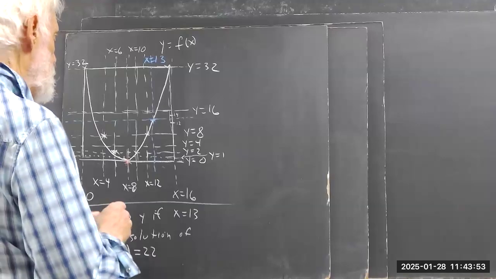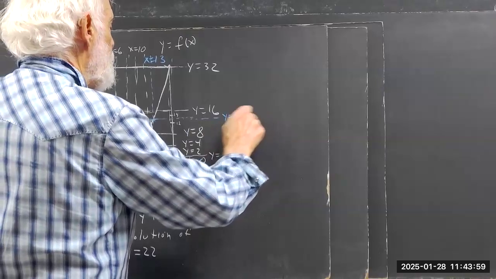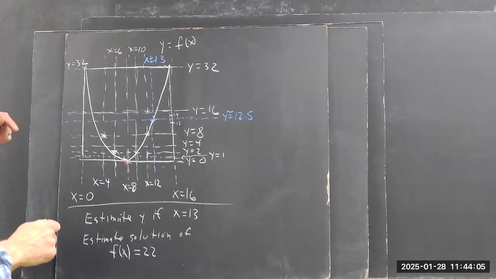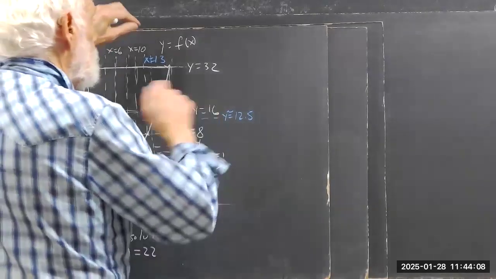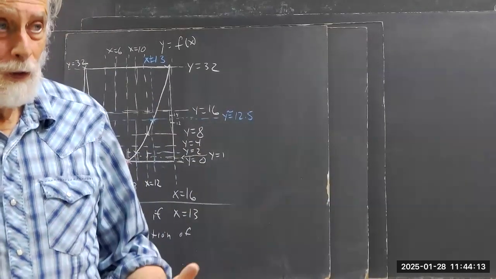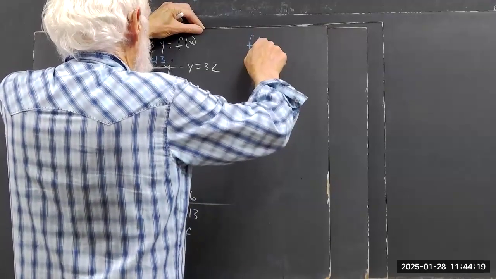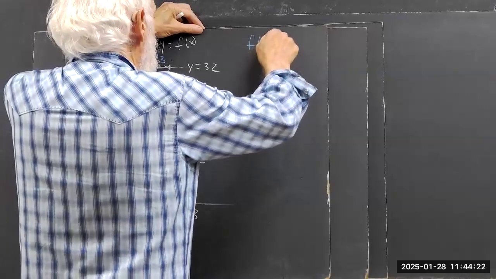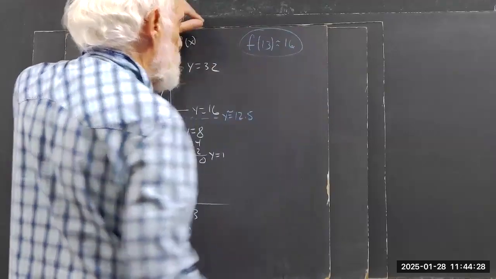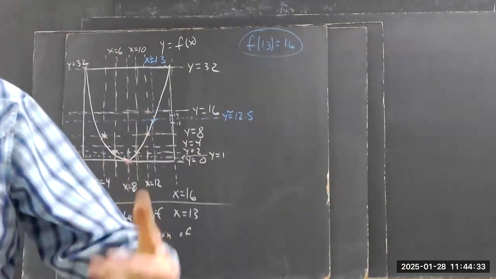I use a little approximate sign here. So I'm going to say by conclusion, and if I'm looking at a dozen papers and wanting to go through them fairly quickly, I want to see somewhere that says f of 13 is approximately 16, with a circle around it, and written kind of big so I can spot it immediately.